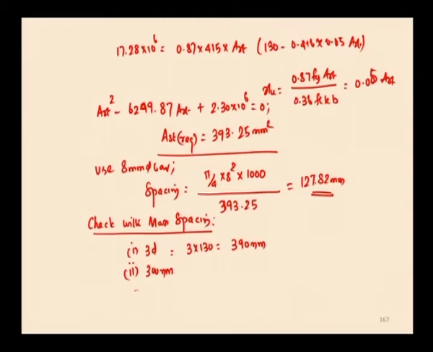The least value here is 300, which is more than 127.82. So, I provide 8 mm diameter bar at 110 mm center to center. This is the reinforcement along the shorter direction.